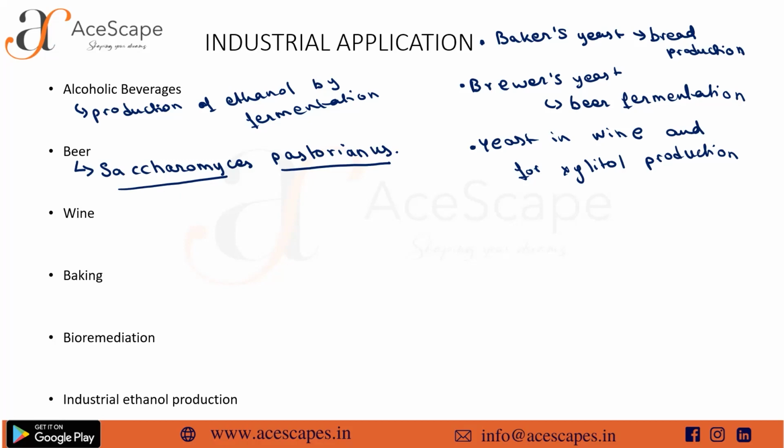In beer, there is oat that they ferment. Actually, beer making is a huge process, and I can't explain it in one or two lines. When we study the uses of microorganisms in food products, we will get a detailed idea. But this name, Saccharomyces pastorianus, is very common. This is for beer fermentation.